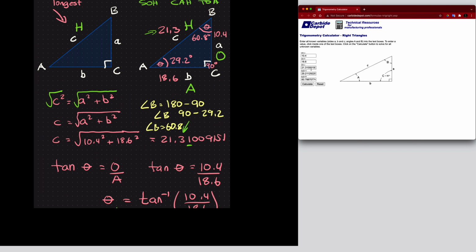It says side C is 21.3, check. Angle A is 29.2, check. And angle B is 60.788, which would round to 60.8, check. Good job, team.